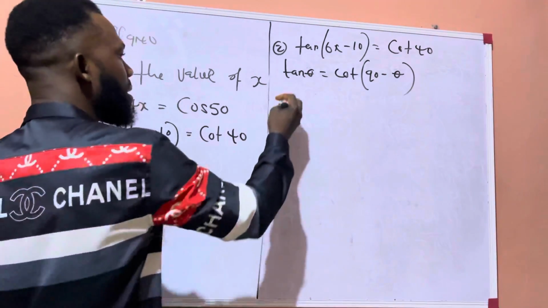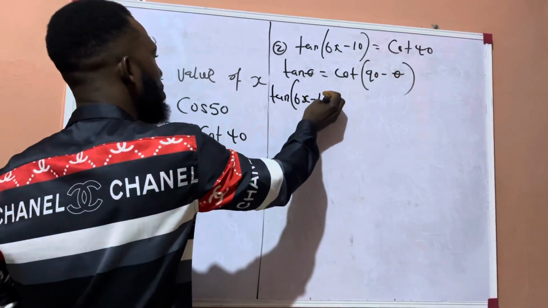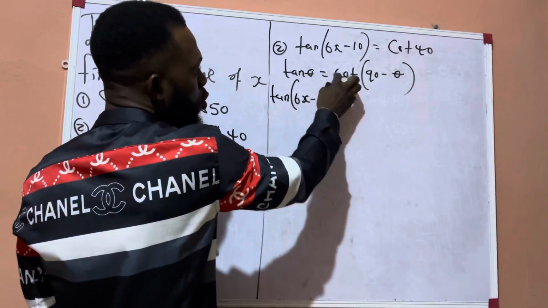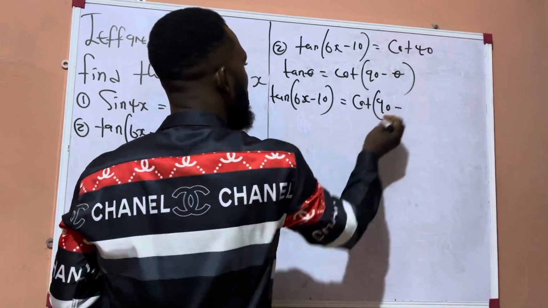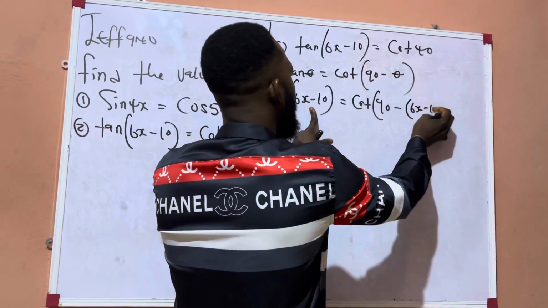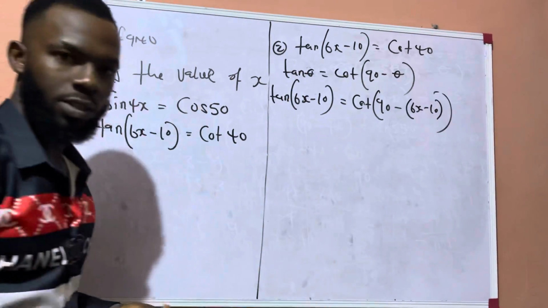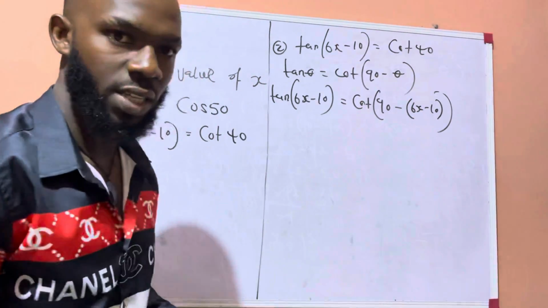Writing this, I'm going to have tan (6x minus 10) is equal to cot of 90 minus theta, and theta is also 6x minus 10. Close your brackets. You see it now: this is my 90, this is minus, theta is 6x minus 10.